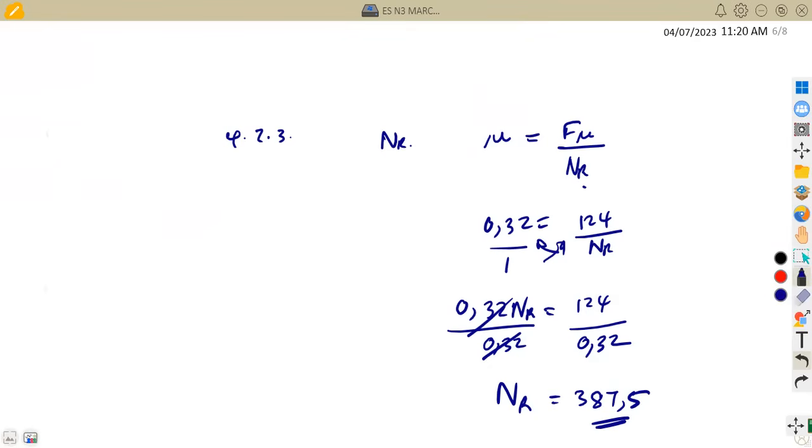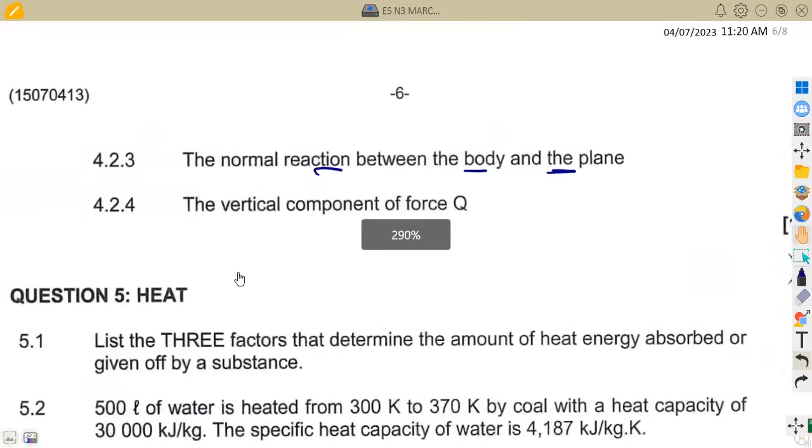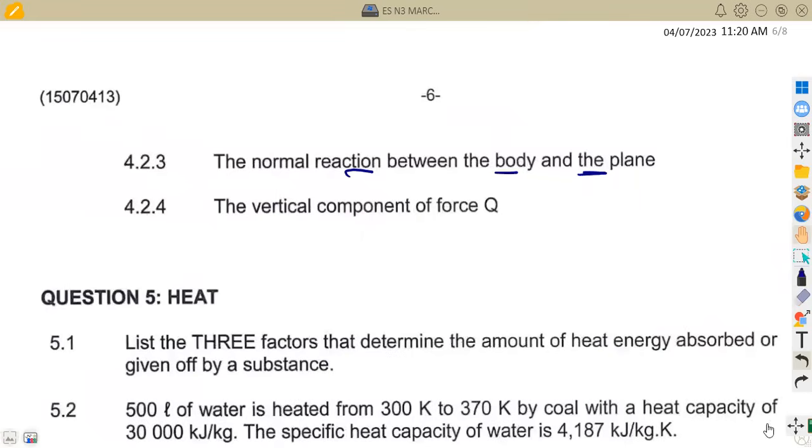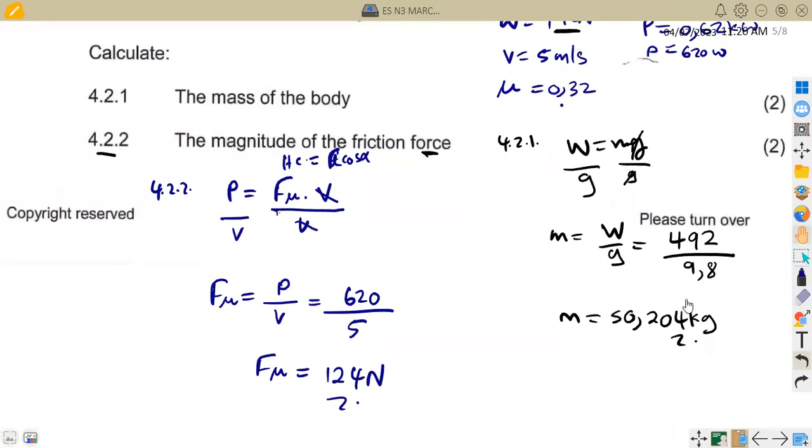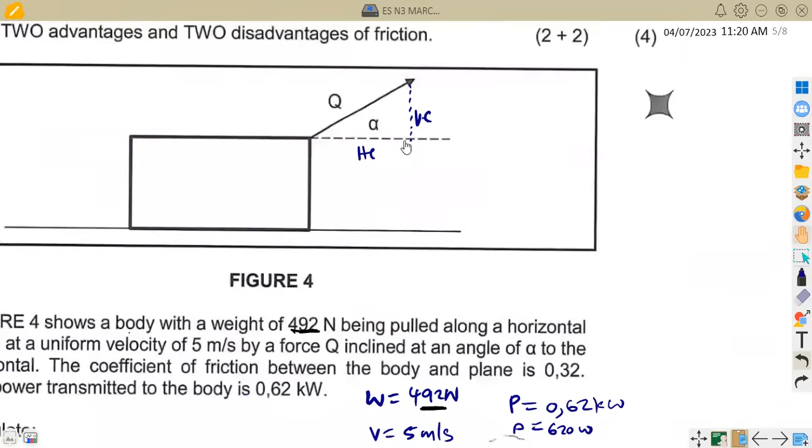Then the other part of the question is to calculate the vertical component of force Q. If you checked previously, I indicated here that this is where we're going to have our vertical component.